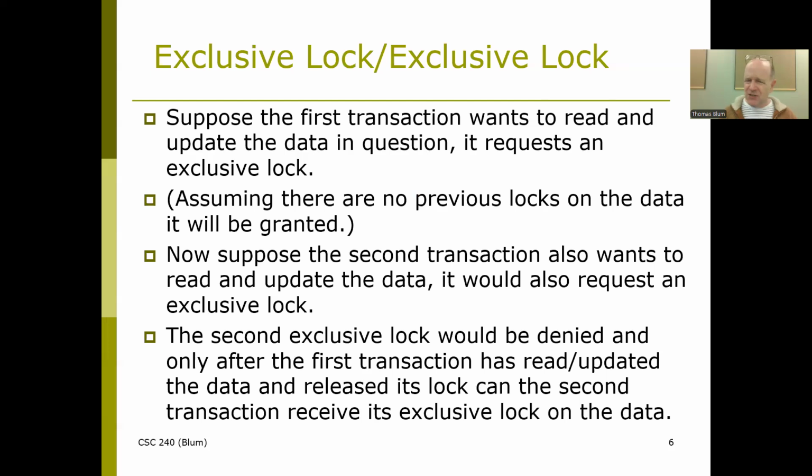So if both transactions think that they will read and update the data, transaction one gets there first and requests the exclusive lock: I'm going to change the data. Then transaction two comes along, makes the request for the data, sees that it's already got an exclusive lock, and must go into a waiting state and wait till transaction one is complete. And then, and only then, can it get access to the data to start its transaction.